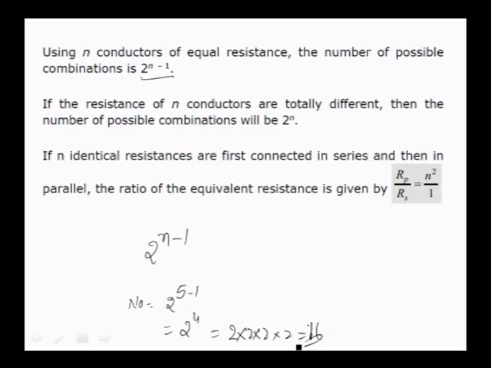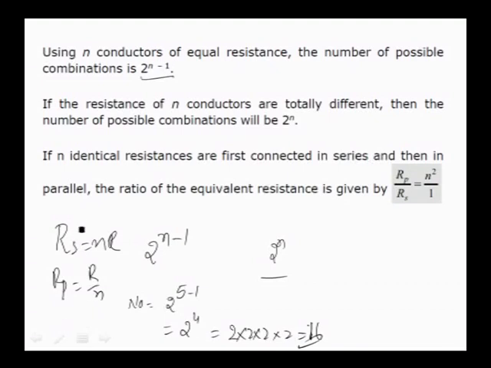The second one: if the n resistors or conductors are totally different, then if they are not identical, the formula is equal to 2 power n. Now, n identical resistors are first connected in series, then connected in parallel. The effective resistance: when equal resistors are connected in series, it is equal to nR. In case of parallel, R by n.